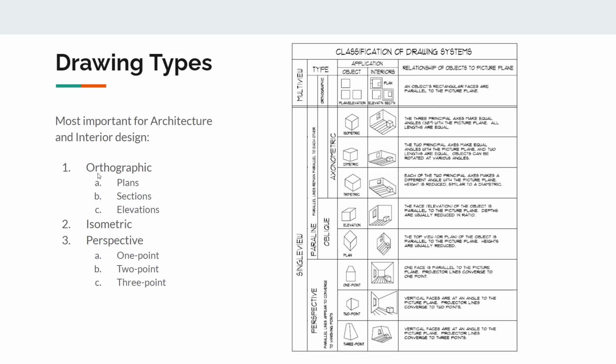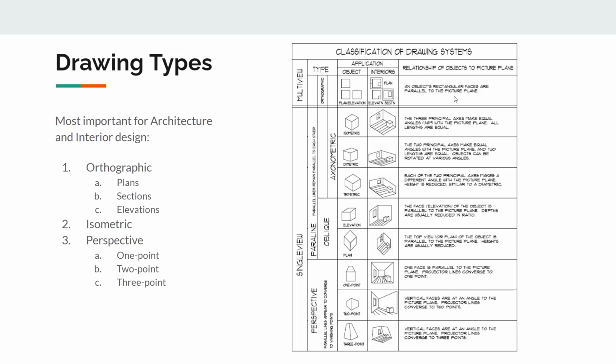An orthographic drawing is usually just a flat drawing, such as a plan, a section, or an elevation. And then we also use isometric drawings, and these are more common with architectural diagrams and presentations. And then lastly, we use perspective drawings, and these can be either 1-point, 2-point, or 3-point perspectives, okay?